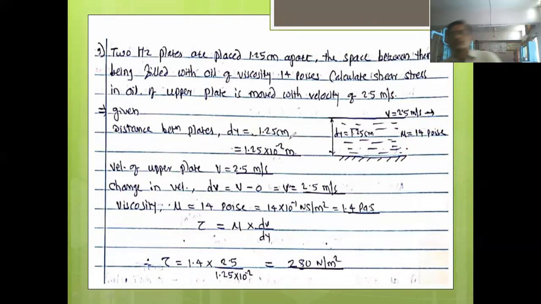Two horizontal plates are placed 1.25 centimeter apart, the space between them being filled with oil of viscosity 14 poise. Calculate shear stress in oil.